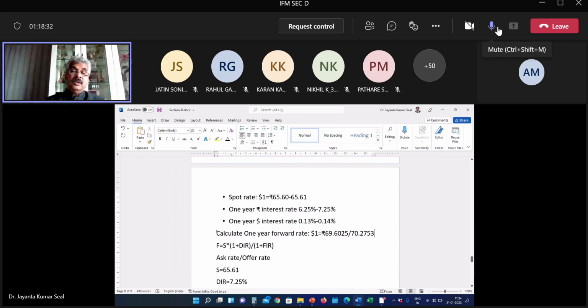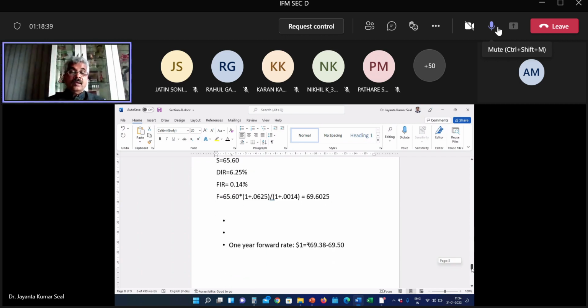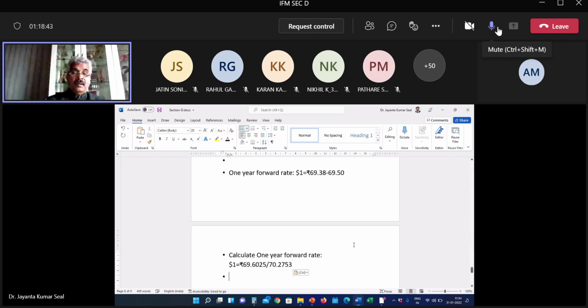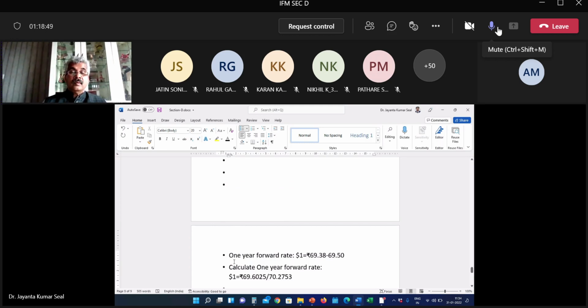So now this is the rate you have calculated, and this is the rate at which it is traded. This is the market rate.